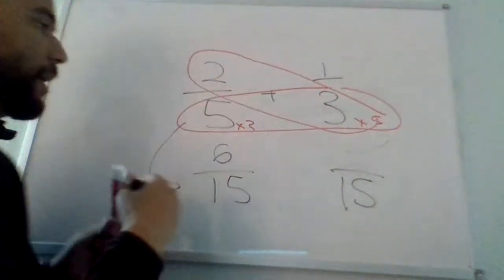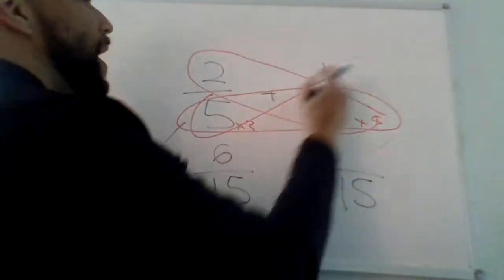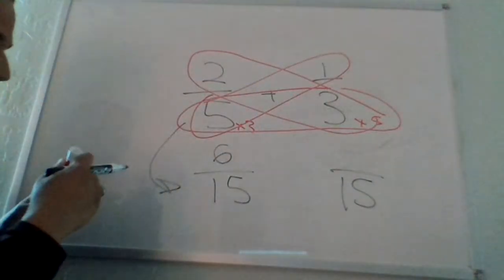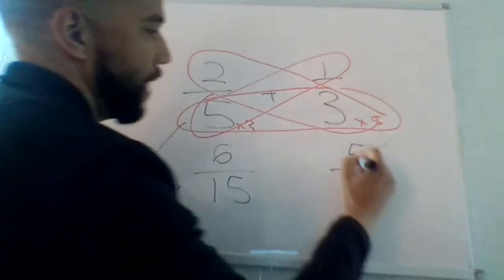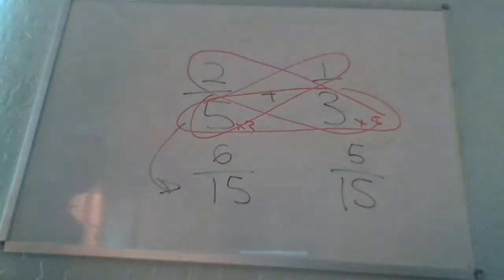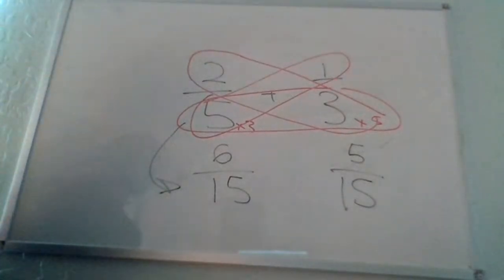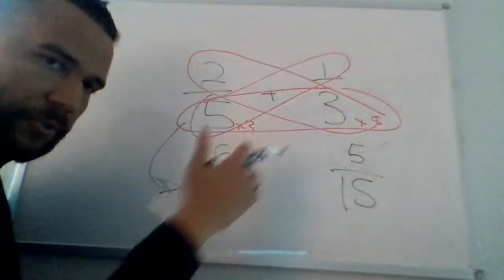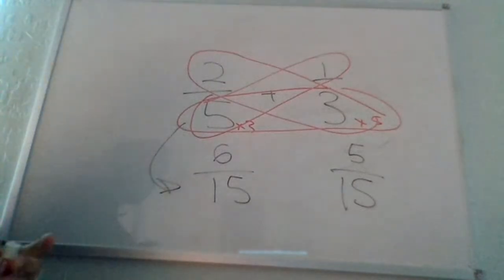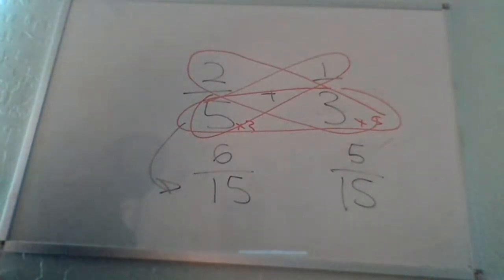And over here, it needs to now be 5 times 1, which is going to give me 5. Okay. You can always use this, kind of like a butterfly, crisscross method.